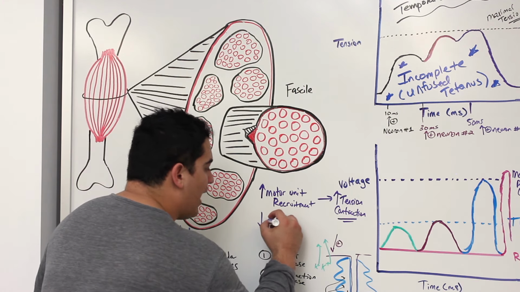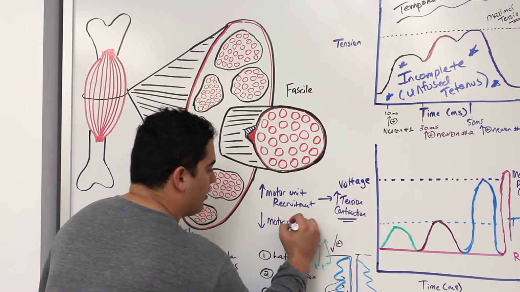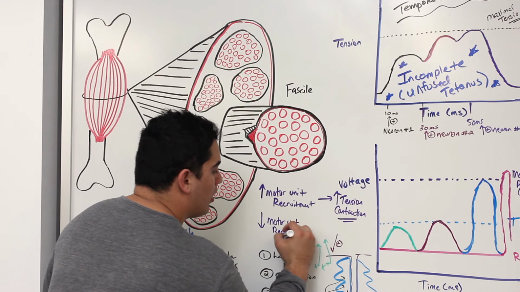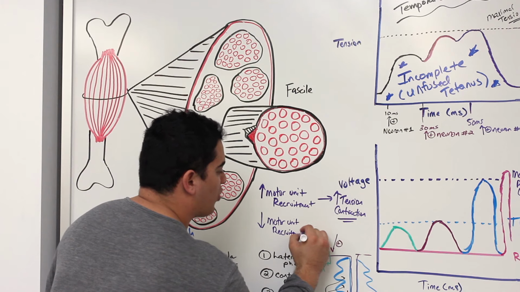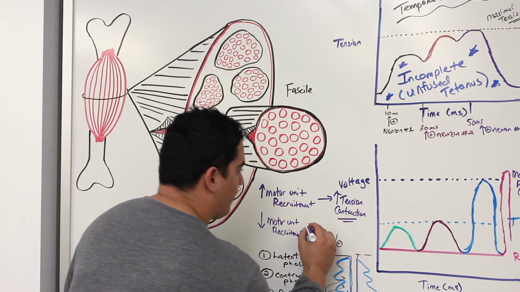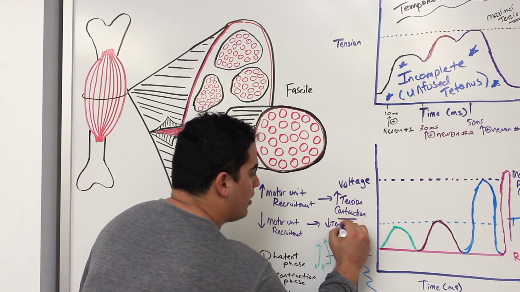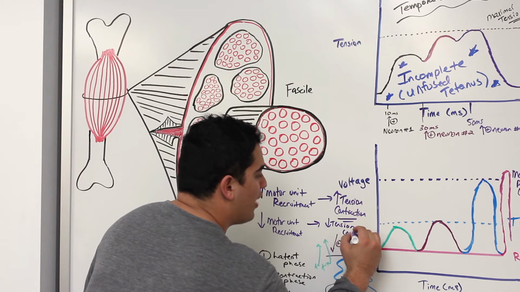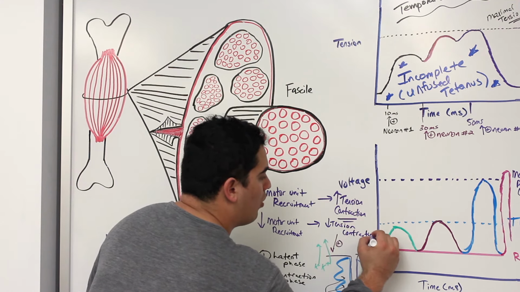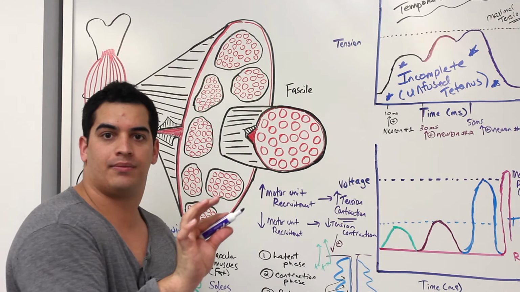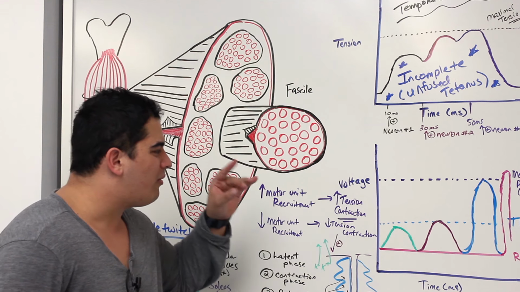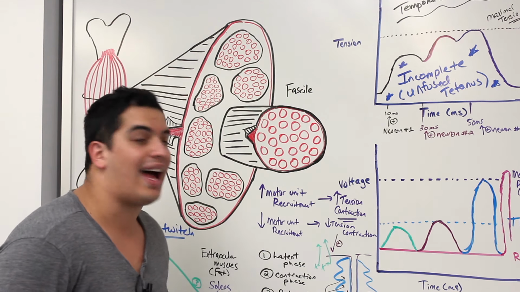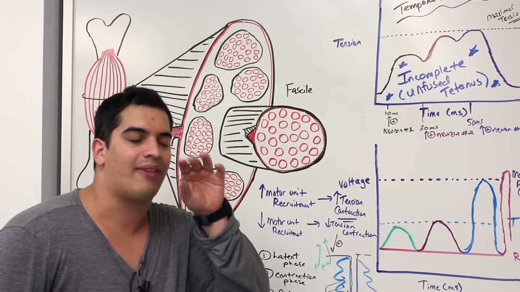If you have less motor unit recruitment, this is very, very weak contractions, okay? So this is for weak contractions or fine movements. So it's for very low tension and low contraction, or very weak contraction, versus very strong contraction. Okay? Another thing is this is for very low fine-tuned movement, and this is for very high fine-tuned movement.